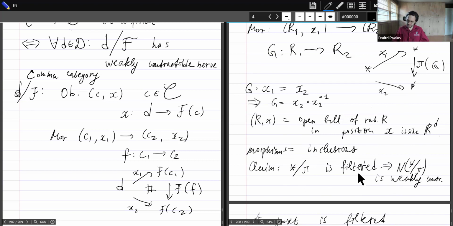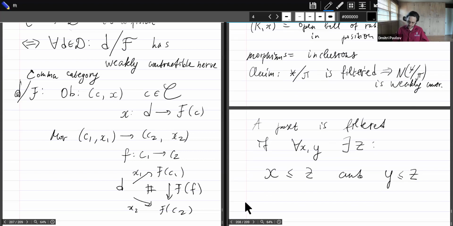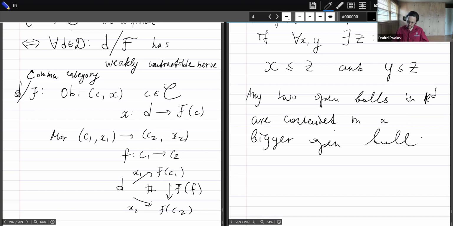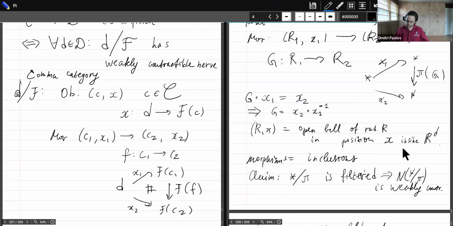Therefore, the comma category has a weakly contractible nerve.